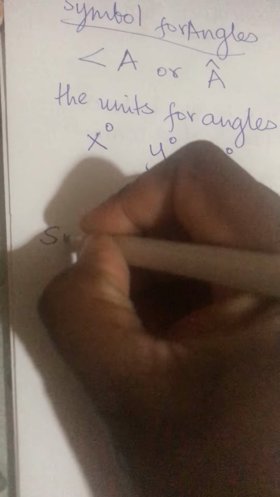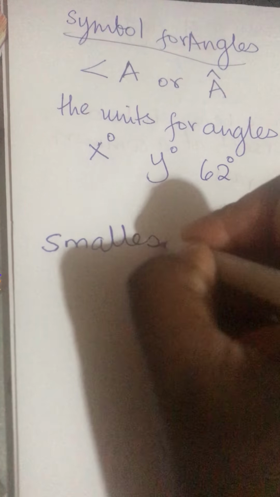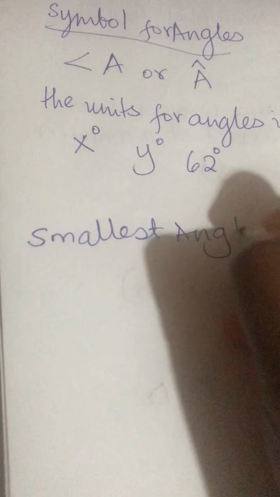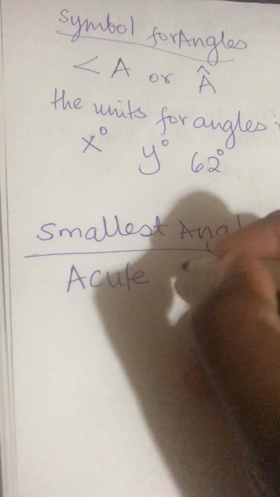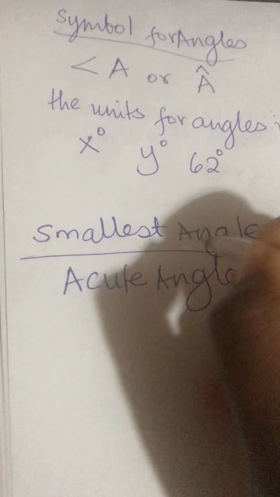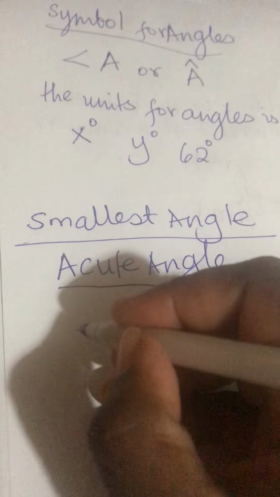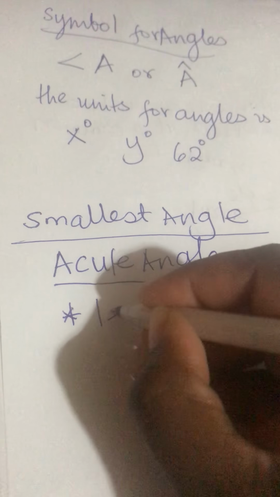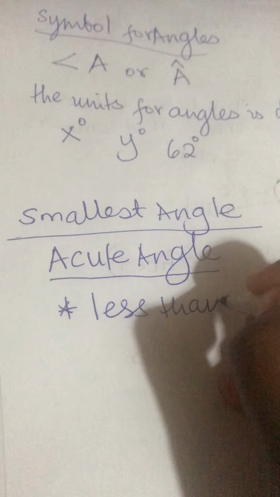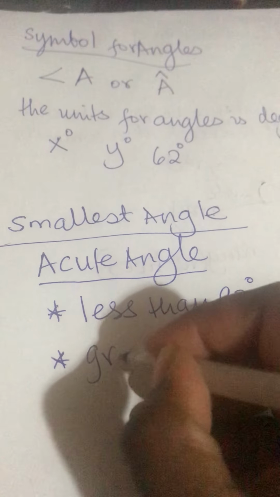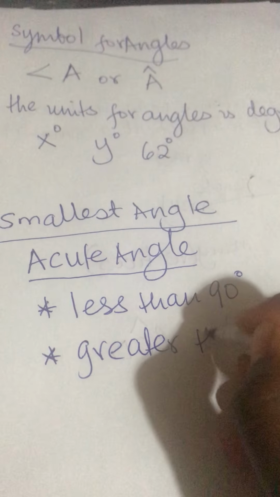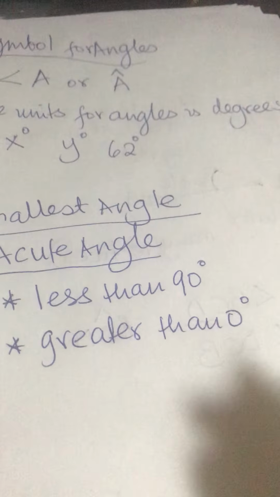All right, let's start describing or classifying angles. So the smallest angle is the acute angle. Spelling is very important. What is an acute angle? It is less than 90 degrees. It is greater than 0 degrees.